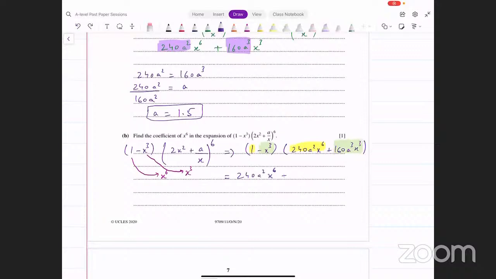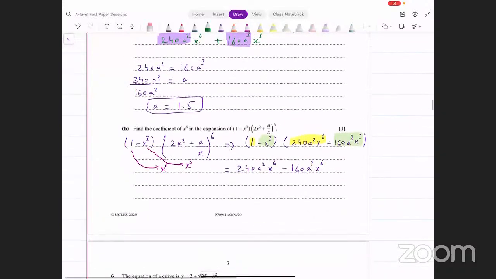It's going to be minus 160 a cube x raised to power 6. ठीक है, अब a की वैल्यू इनपुट कर दें इसके अंदर. a की वैल्यू क्या थी? 1.5. Let's input that here. We get 240 into 1.5 का square x raised to power 6 minus 160 a cube, which is 1.5 का cube into x raised to power 6.